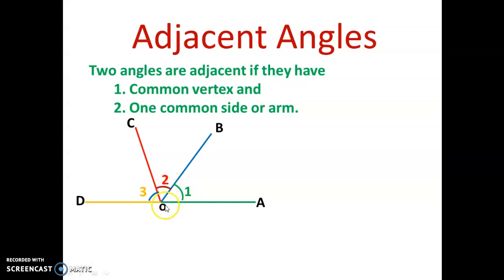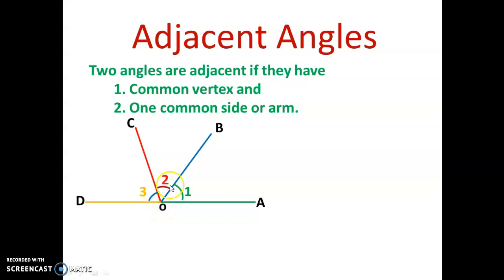Why? Because they are sharing a side: OB is common, and vertex O is common between angle 1 and angle 2. Like this, angle 2 and angle 3 are also adjacent because side OC is common between angle 2 and 3 and the vertex O is common.